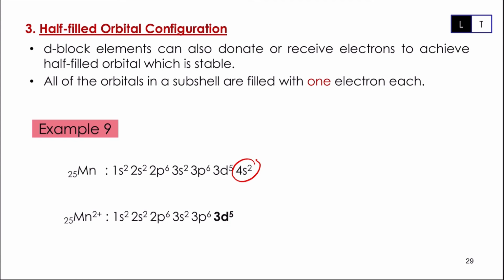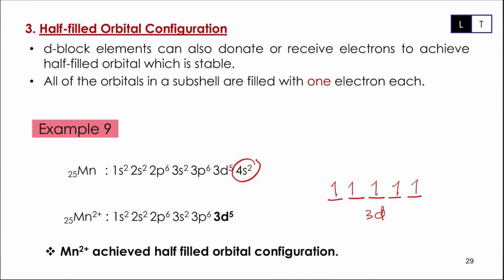So, 5 electrons in the 3d orbital will be filled one in each orbital: 1, 2, 3, 4, and 5. That is why all of the orbitals in the 3d subshell are filled with one electron each. Hence, we can conclude that Mn2+ achieves half-filled orbital configuration.